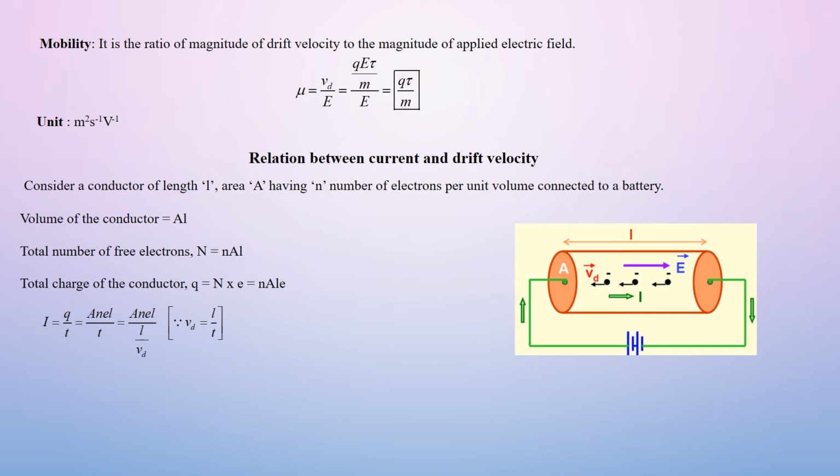For this conductor of length L, the distance or length is L and time is t. So the velocity is Vd, called drift velocity. So from this we can find the value of t, which is L by Vd. Now L gets cancelled out, and what we are getting? I is equal to nAeVd, which is the relation between current and drift velocity.